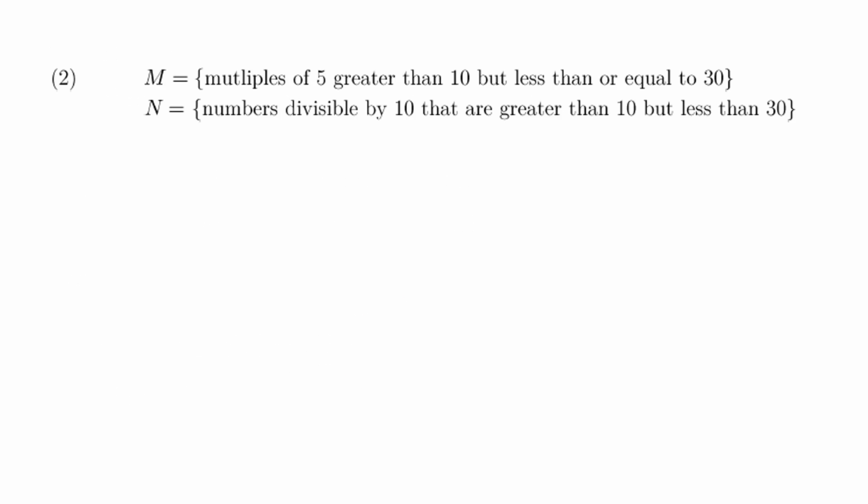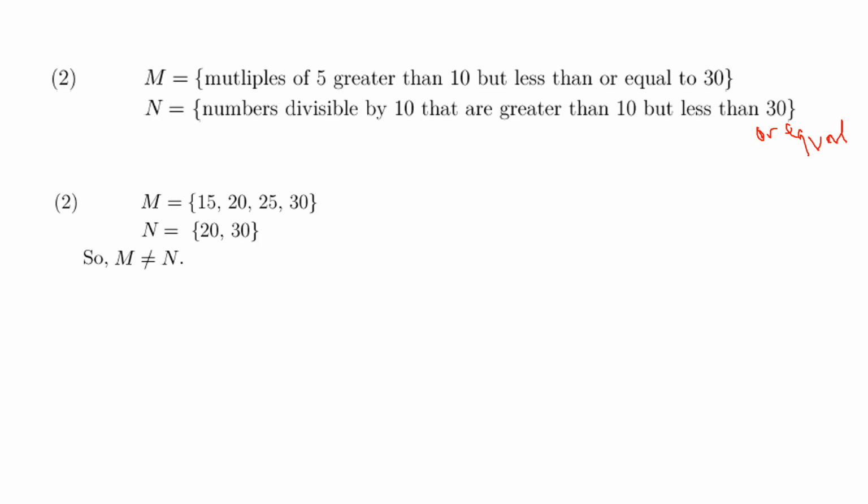Number 2, we have multiples of 5 greater than 10 but less than or equal to 30 for set M, and in set N, numbers divisible by 10 that are greater than 10 but less than or equal to 30.